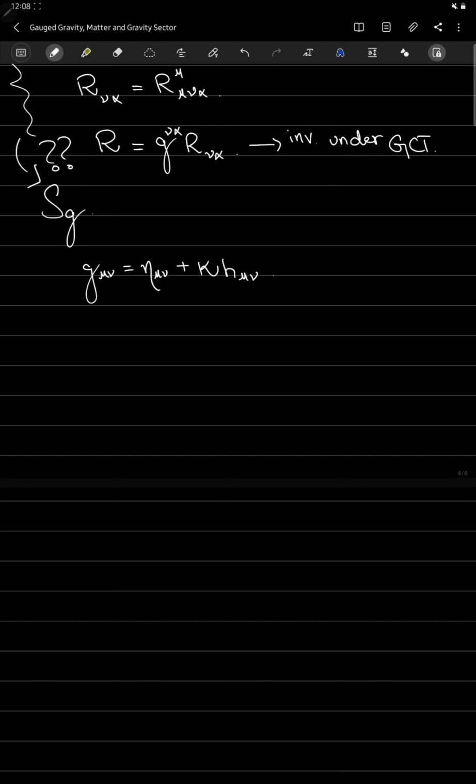And I'll tell you what this constant is in some time, but if we have this, then schematically the Levi-Civita connection is approximately ∂h, and if I put this in the expression for the tensor R_{βμν}^α, I will get, well, let me just write all of these.